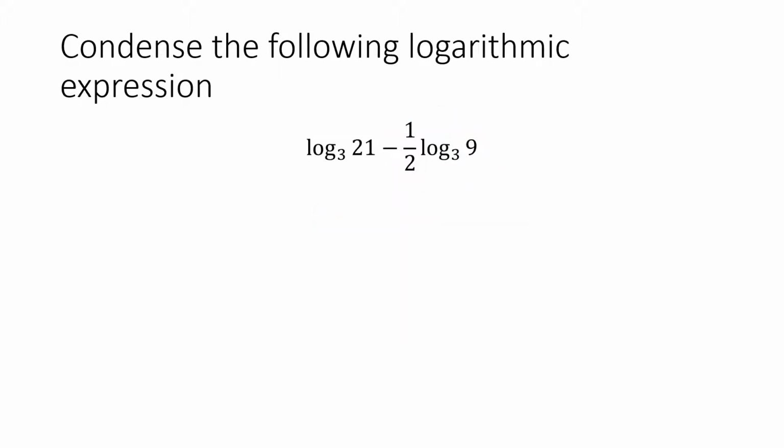Pause the video and see if you can try this one yourself. Okay, so we notice first that this 1/2 needs to become a power of the 9, because of our power rule for logarithms.